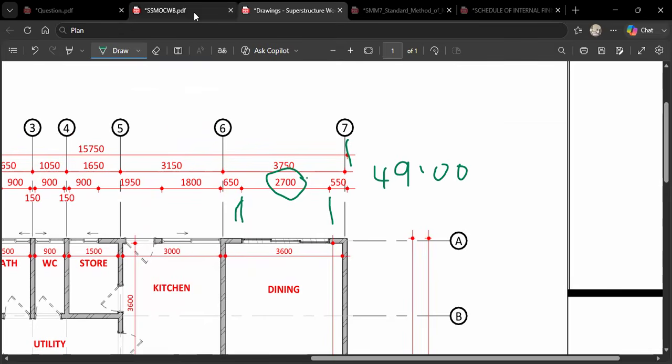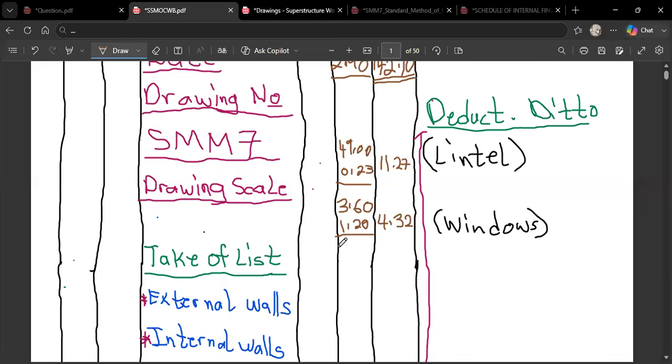So what's the product? Right here it is 2.70 times 1.20.